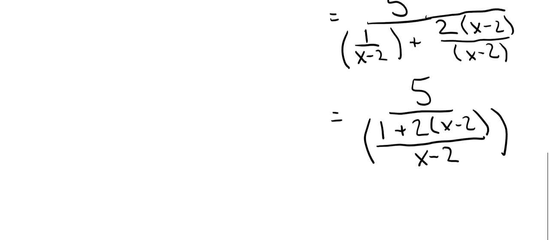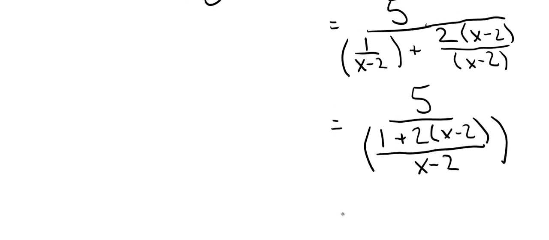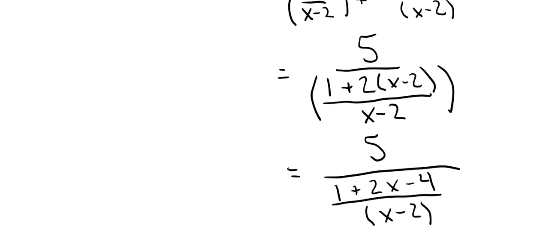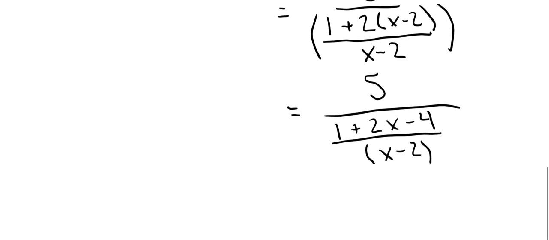And we should go about simplifying this. Let's go ahead and simplify and combine like terms. First we needed to distribute out everything. So this gives us 1 plus 2x minus 4 all over x minus 2. So one more thing to simplify.